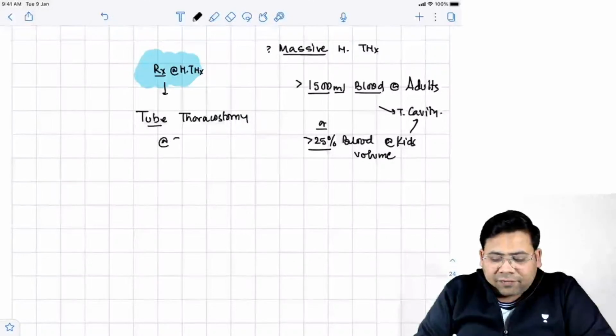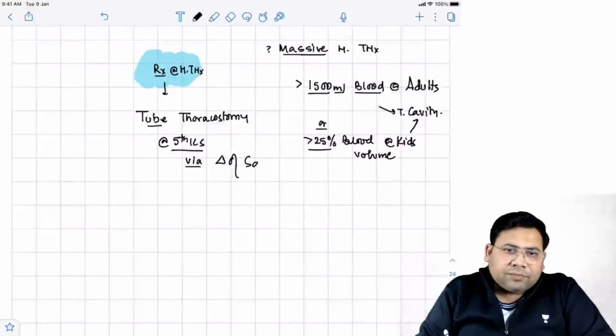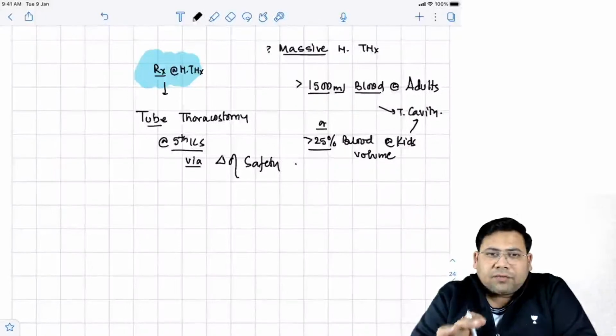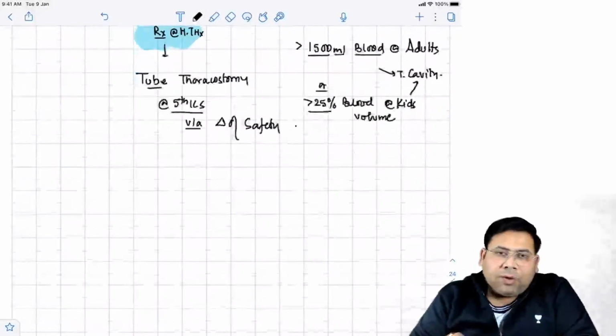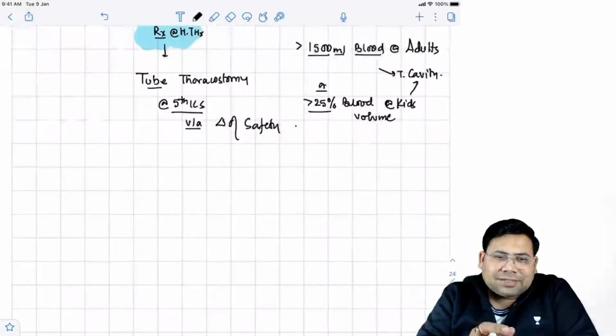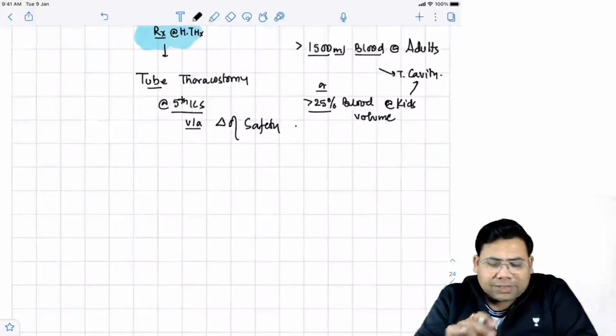This is done at the fifth intercostal space via the triangle of safety. I hope you know the boundaries of the triangle of safety. Pectoralis, mid-clavicular line, mid-axillary line, and then a horizontal imaginary line from this mid-axillary line towards the nipple areola complex.